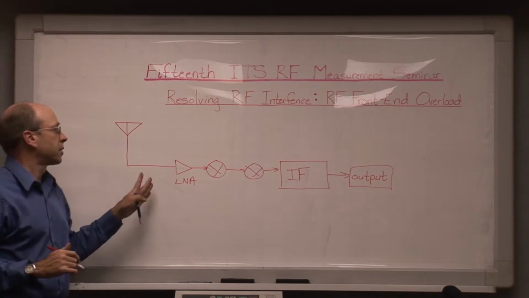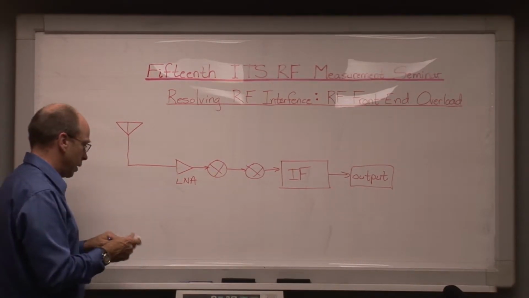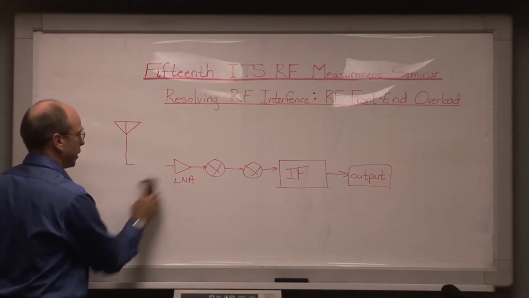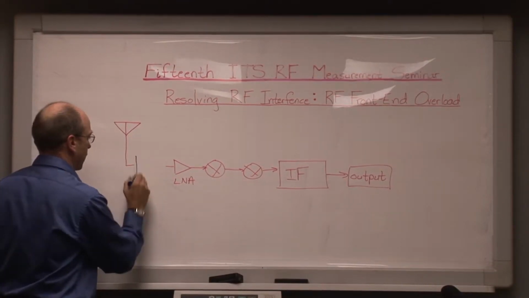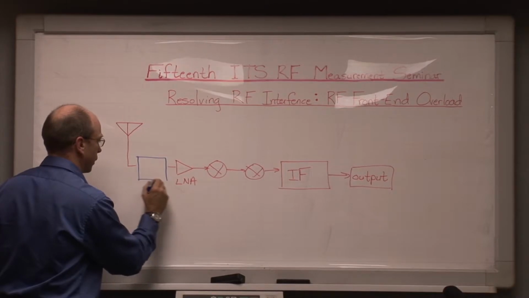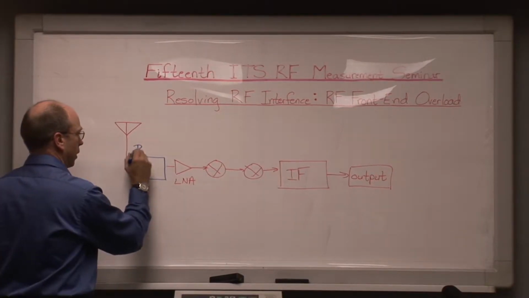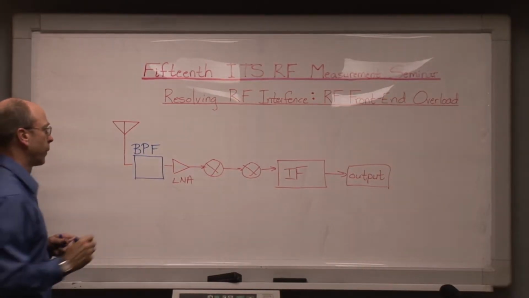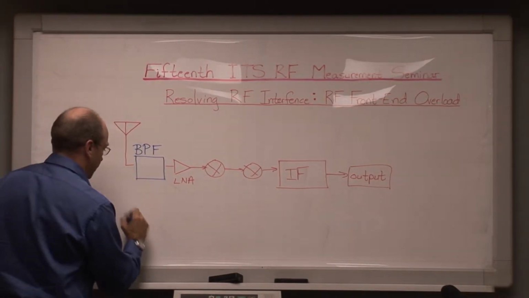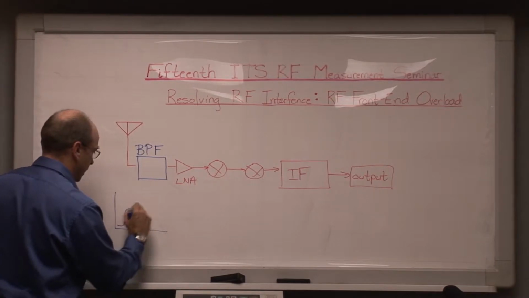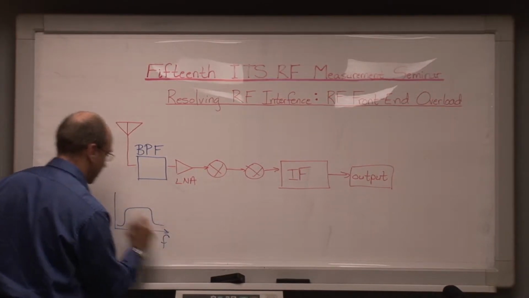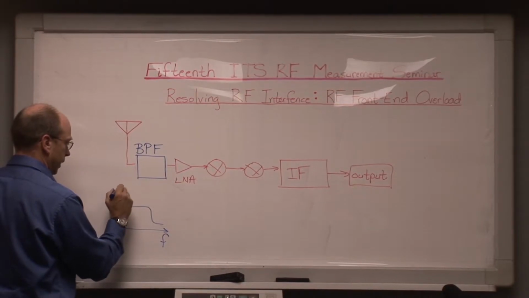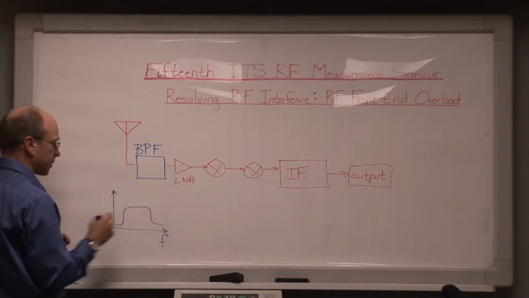Could be data, could be video, whatever. And we've talked in this series about how a good RF front-end design should ordinarily incorporate some kind of filter in front of the LNA, which is typically, but not always, a bandpass filter. A bandpass filter, of course, would have a frequency response characteristic that would look something like this in terms of throughput versus frequency.